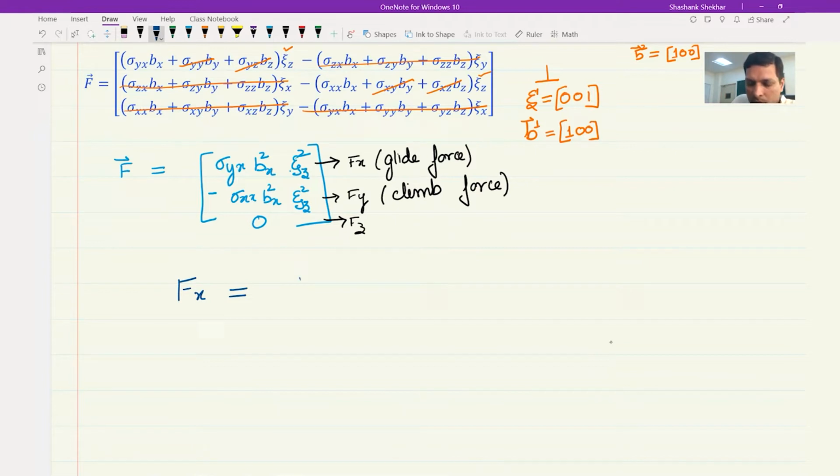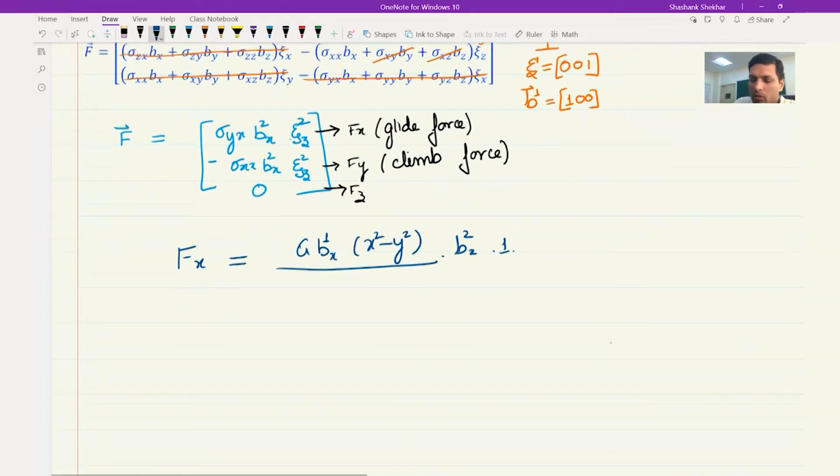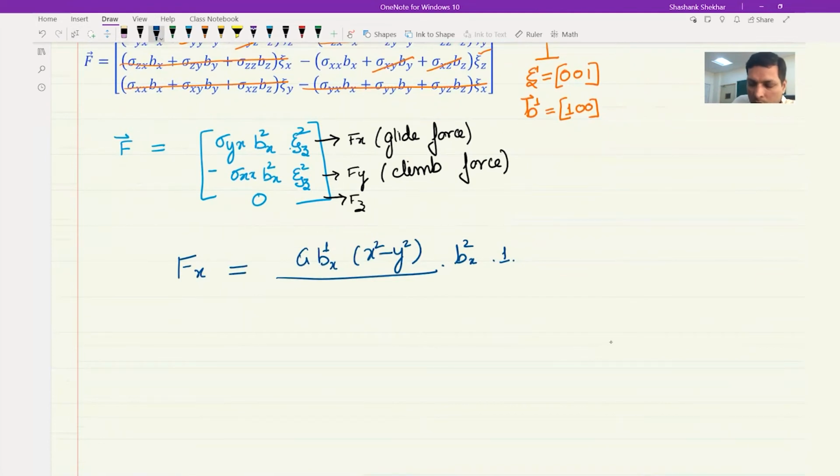Sigma Yx, we will remember, is equal to G, and since the Burgers vector has only one quantity, which is x, but this time this x is for the first dislocation, so it is superscript 1, and it is x square minus y square, into this B2, and epsilon z, Ez, but we know that it is equal to 1. So we will just multiply by 1.